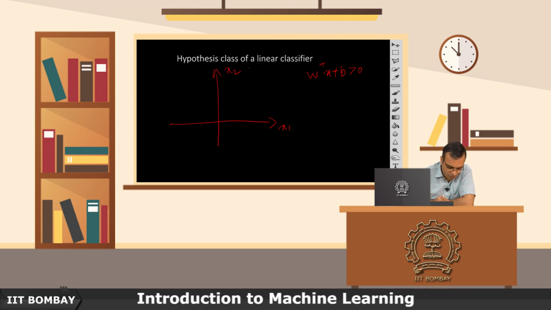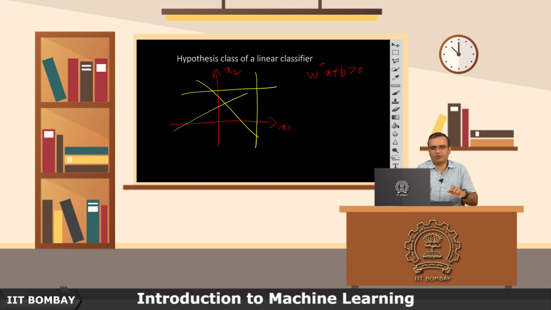So here your hypothesis classes are going to be any line, including axis aligned lines, where one of W1 or W2 is 0, that is also possible, but it can also have slanting lines, and then either the upper side of the line is positive, or the lower side is positive, or the left side is positive, or the right side is positive. All those possibilities are there depending on W and their signs, and B, which shifts the line.